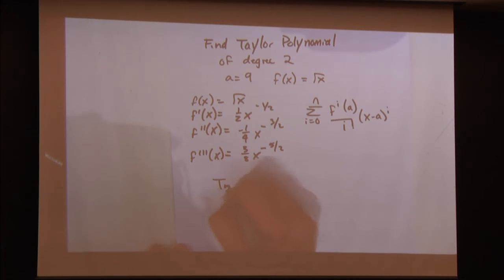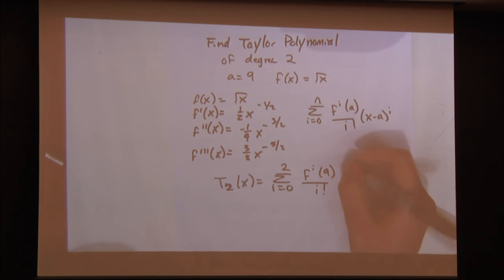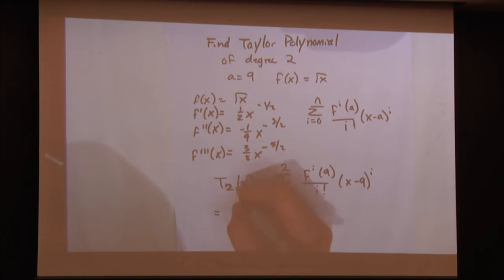So Taylor polynomial of degree 2. Go from 0 to 2. f of i, 9, i factorial, x minus 9 to the i. We want to figure out where things are. I know my a is going to be equal to 9, so if I plug in 9 here, I'm going to get 3.